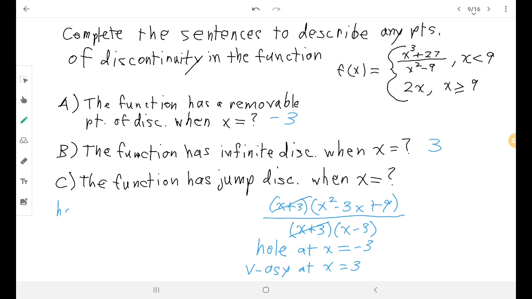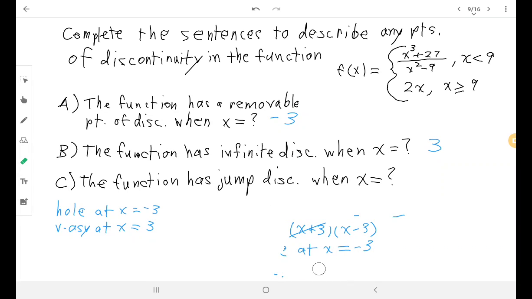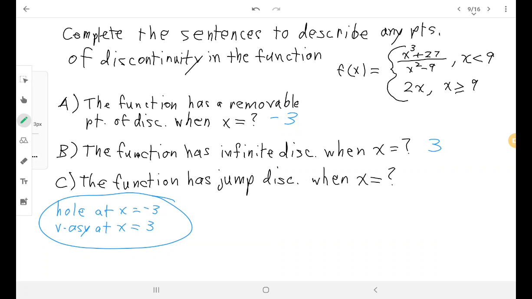And so let me re-put that we've got a hole at x equals negative 3. We've got a vertical asymptote at x equals 3. So that's all this. And then let's explore, and by the way, this helps me in sketching it, right?